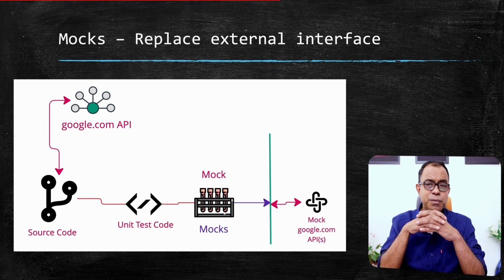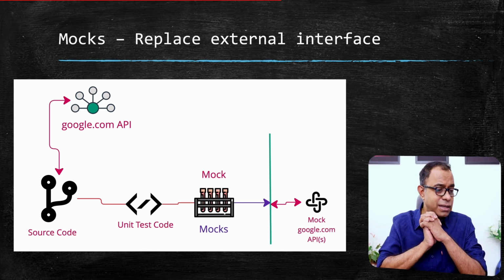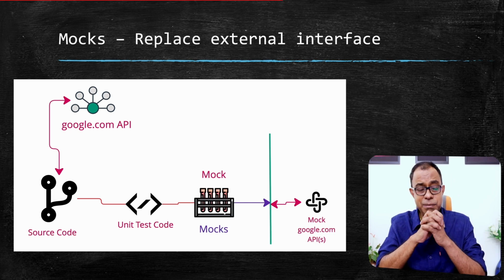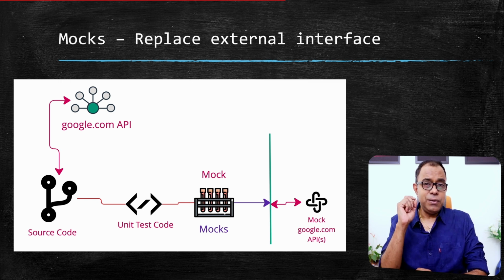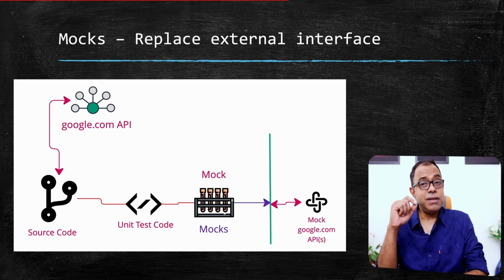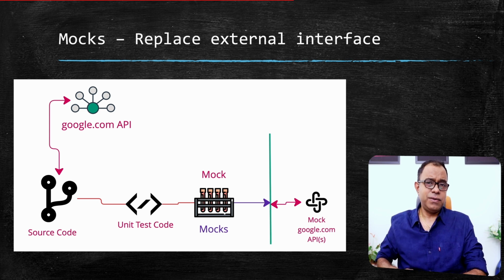So assume that your production code connects to Google API, maybe a Google Map API or something similar. Now you need to test it. So you create a mock, which means you have created a mock google.com or maps.google.com API. Now what is the meaning of mock over here?